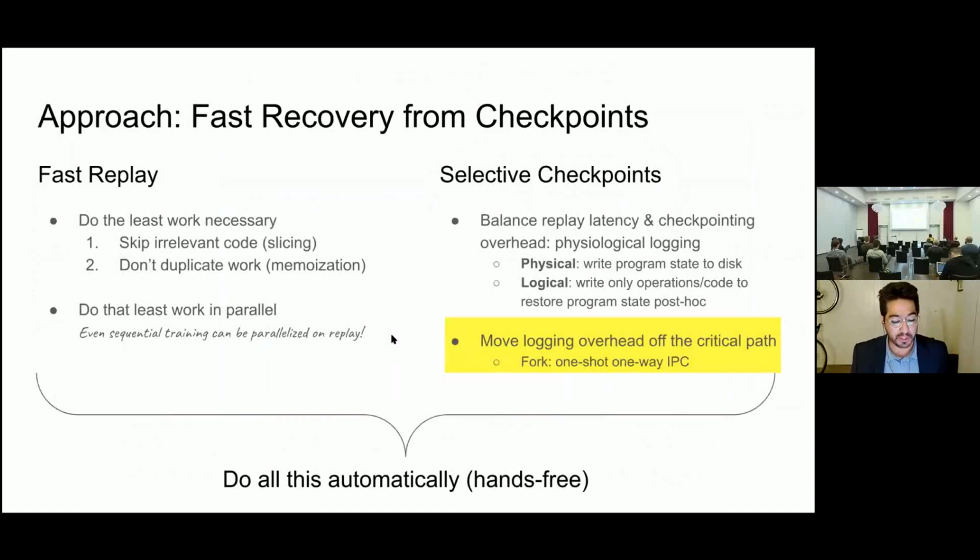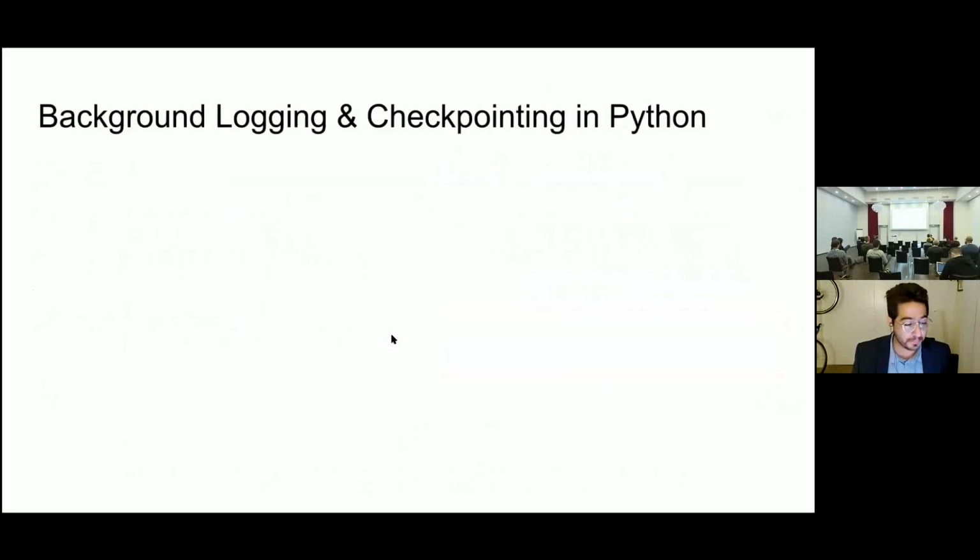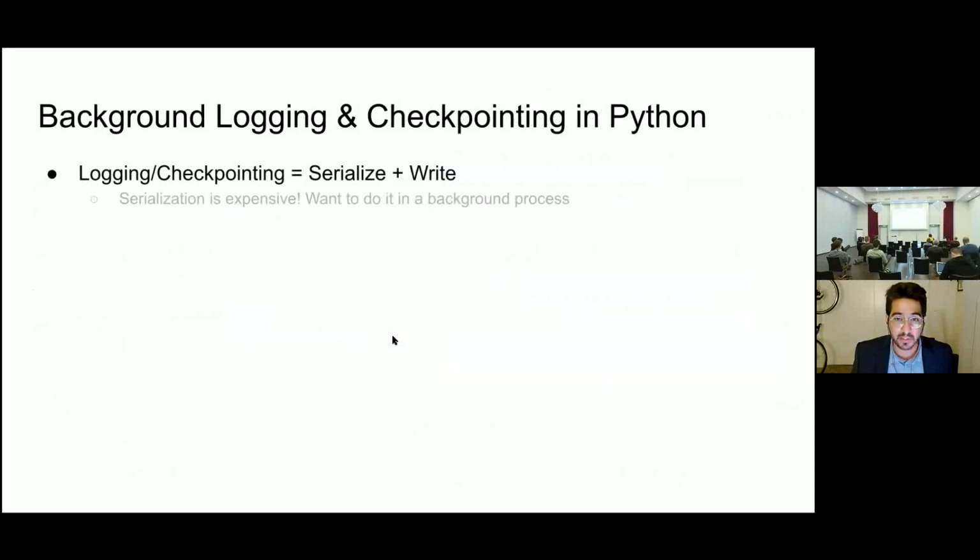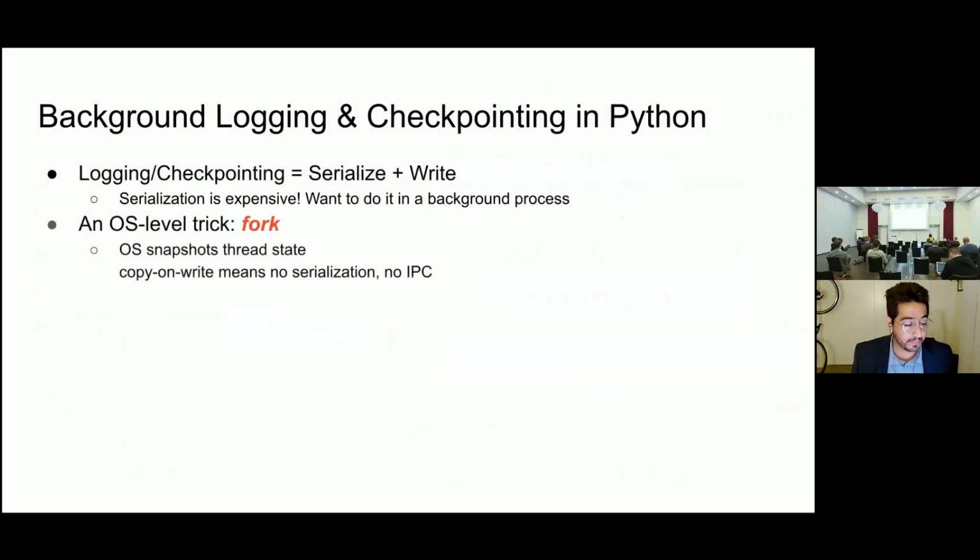Next, I will focus on how we move logging overhead off the critical path in Python. The way that we want to achieve background logging and checkpointing in Python: logging, again, to remind you, just means serializing and writing, of which serialization is the most expensive part. An age-old trick to avoid serializing on the main thread is to use fork.